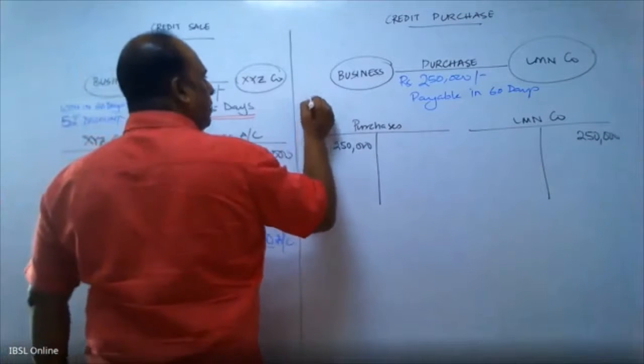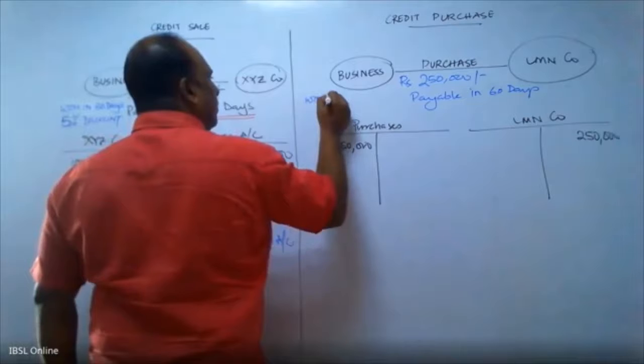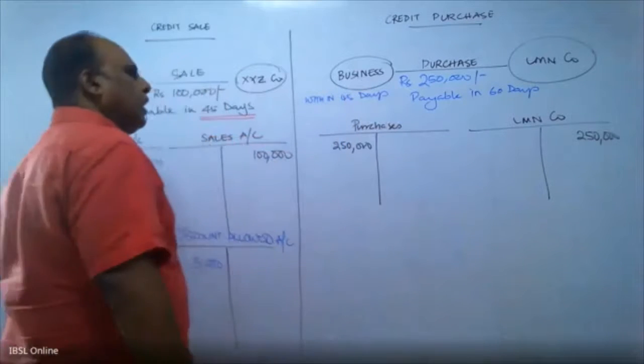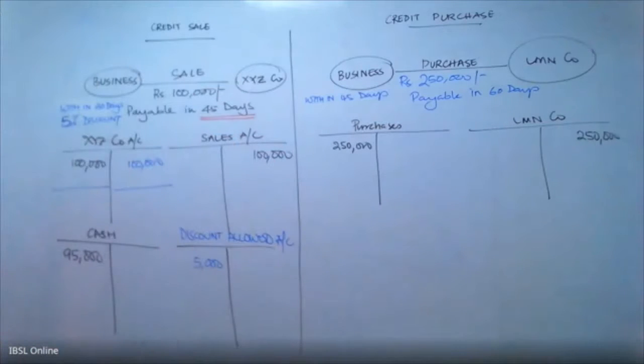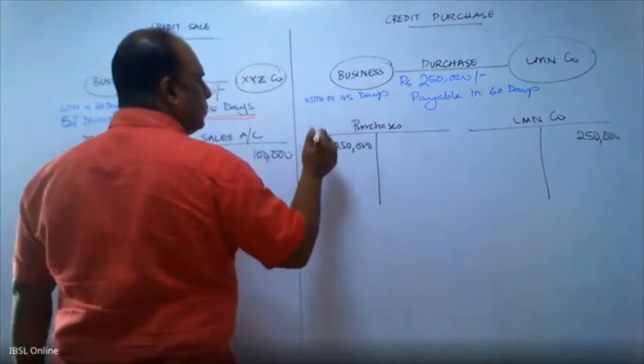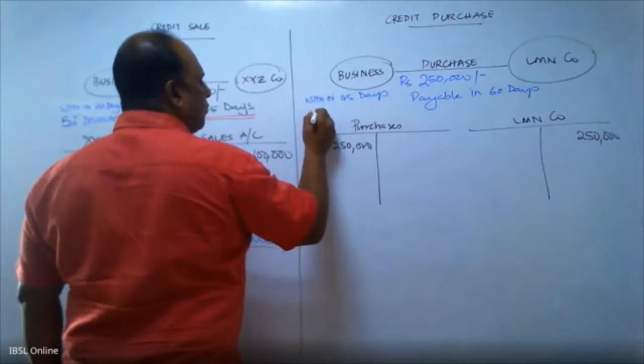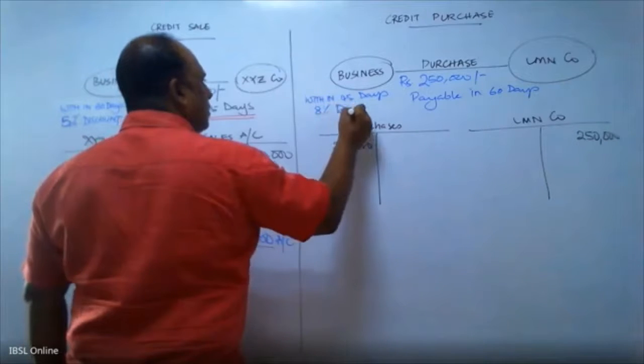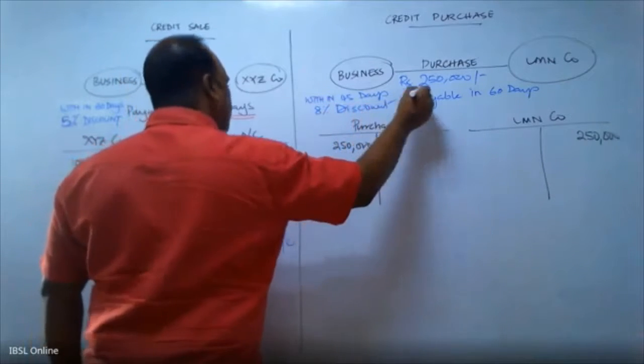If you pay within 45 days, now Element company is telling me, if you pay within 45 days, I'll give you a discount of, let me make it an odd amount, a discount of 8%.